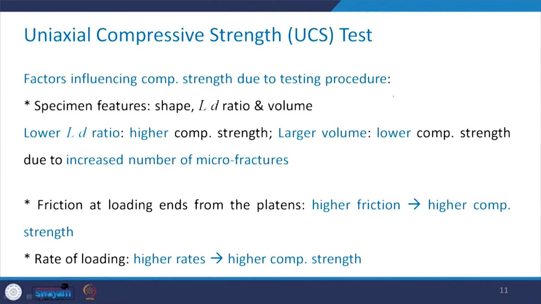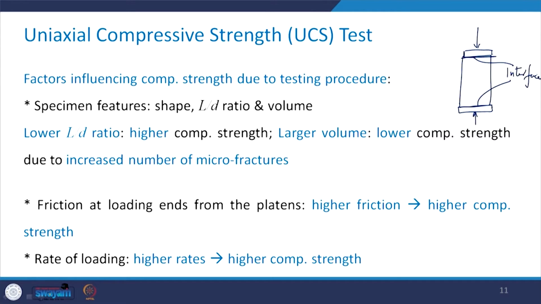Now, the next very important factor influencing the compressive strength is the friction at the loading ends from the platen. See, let us say this is your specimen and there are the loading platens, which are there in the machine, and through this you try to apply the load. What happens here is that at the interface, here and here, you have the interface.